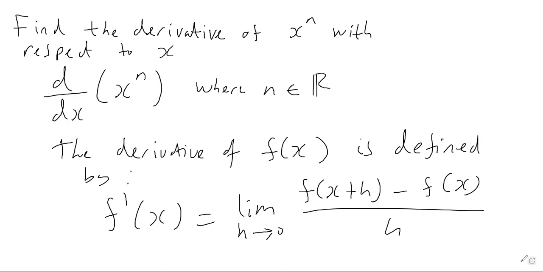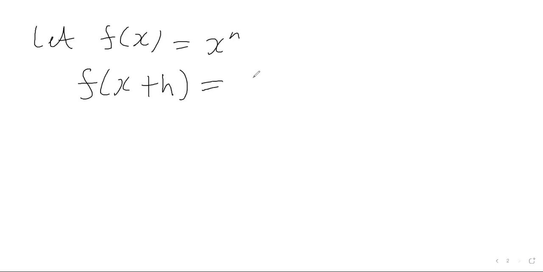So if we go on to the next page, if we let f of x equal x to the power of n, then what does that mean? That means that f of x plus h is going to be equal to x plus h to the power of n, just swapping the x with x plus h. Then we can use our definition to find the derivative.